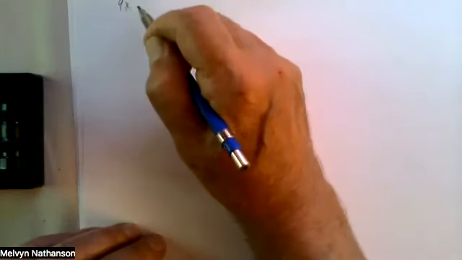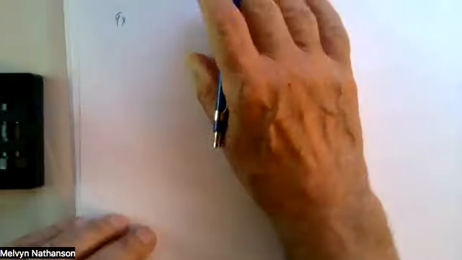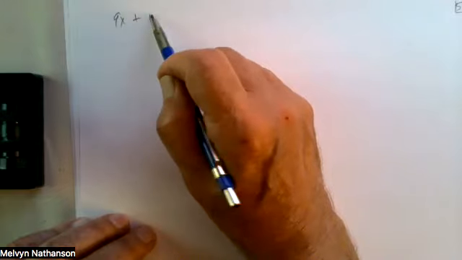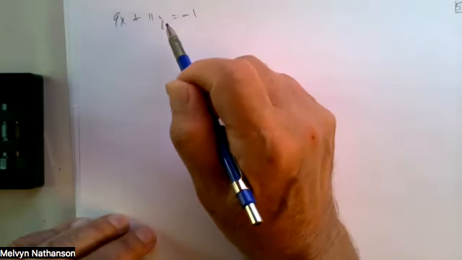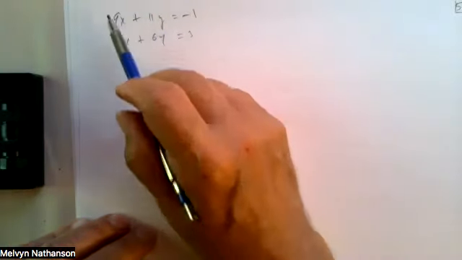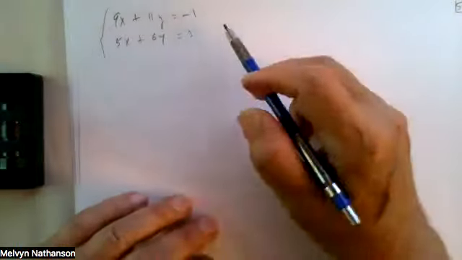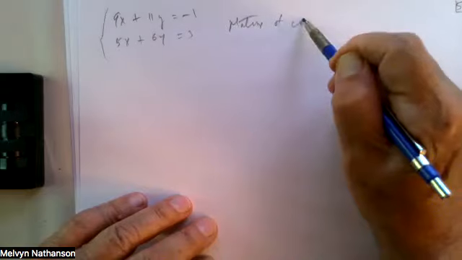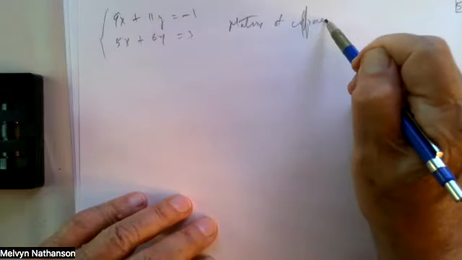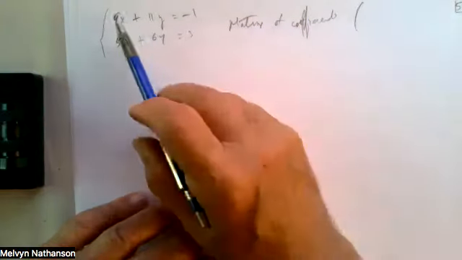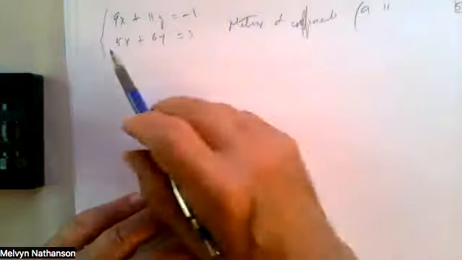Here's a system of equations. In this case, it's 2 equations and 2 unknowns. So first of all, we have the matrix of coefficients, which just involves looking at the x's and y's, 9, 11, 5, and 6.